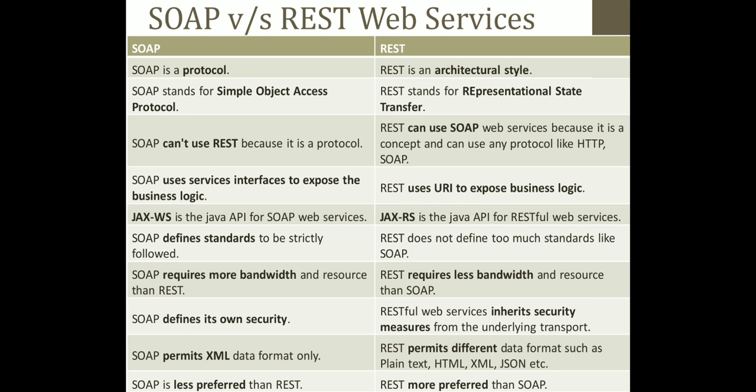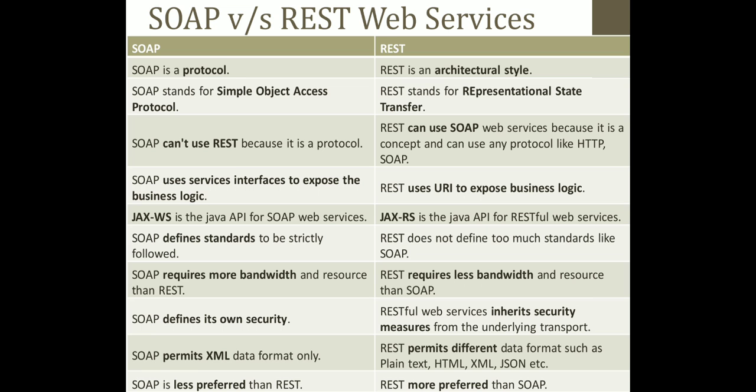SOAP is known for defining its own security, whereas RESTful web services inherit security measures from the underlying transport. SOAP permits the XML data format only, and REST permits different data formats such as plain text, HTML, XML, JSON, etc. There is no need to send the request or get the response in XML only.